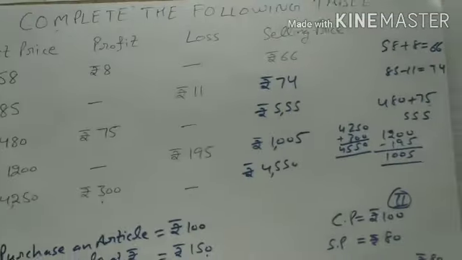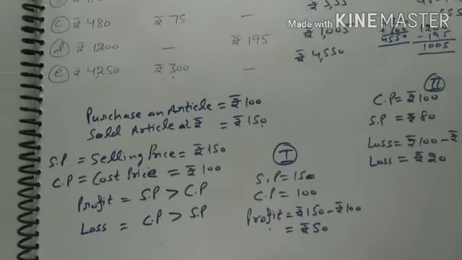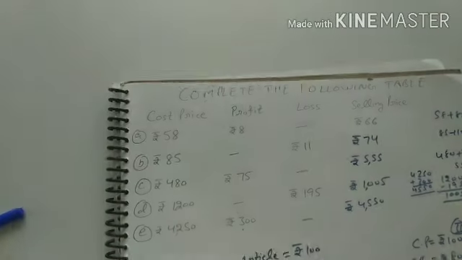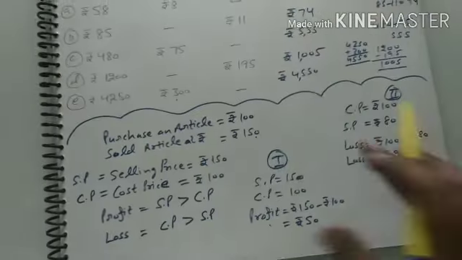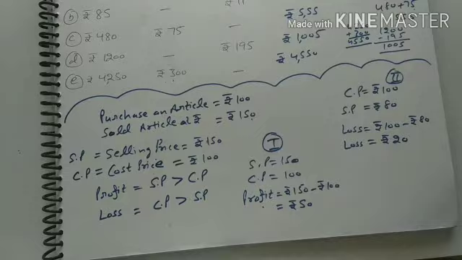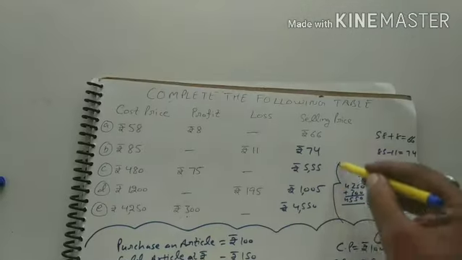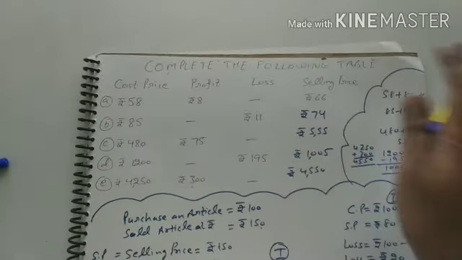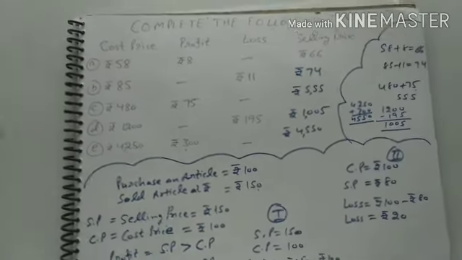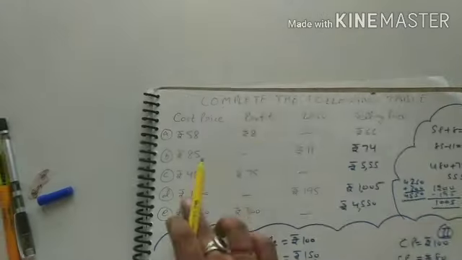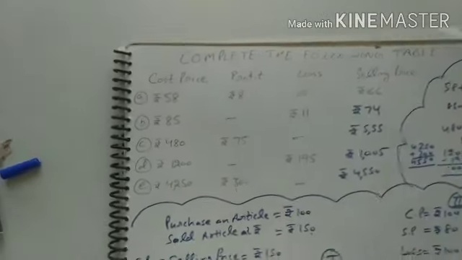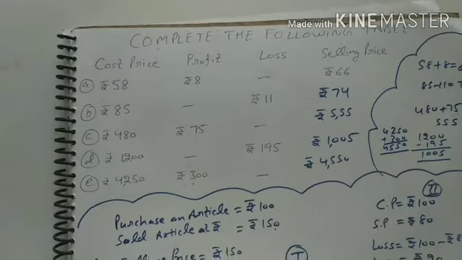I hope you have understood all the concepts here. Now student, let me clarify that the lower part is just the concept, and this part is just the rough work for addition and subtraction, and the table is there which was asked to be completed.